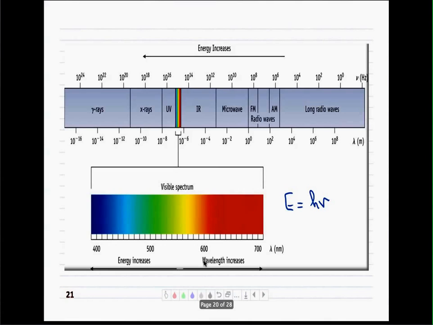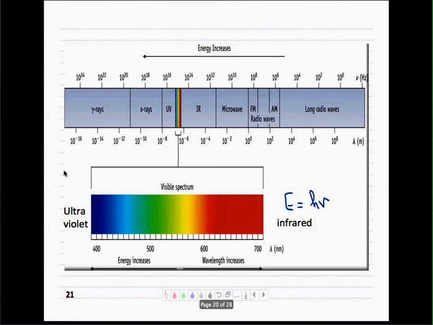And then below the visible I have IR, then microwave, then I have the FM, then the AM, which are both radio frequencies. And you should know that this is the highest energy and lowest wavelength.